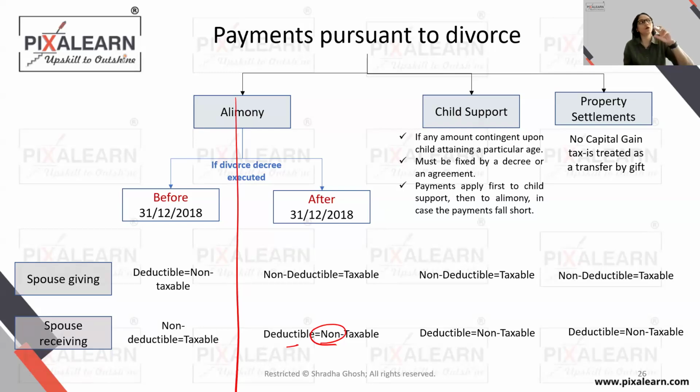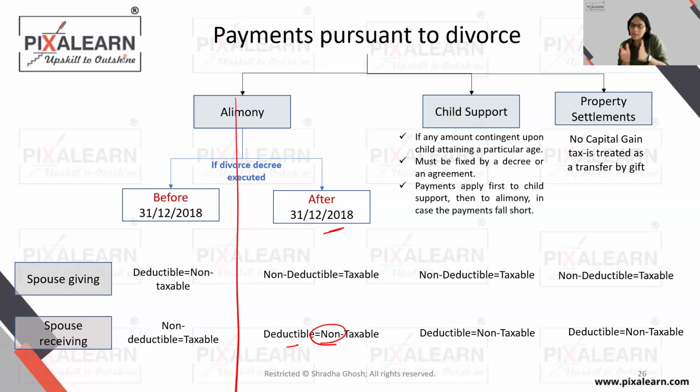So imagine Brad Pitt and Angelina Jolie have separated. I don't know what their contract is, but let's say there was an alimony being paid. If the divorce agreement is signed after 31st December 2018, then the money that Brad Pitt pays to Angelina Jolie, Angelina will not regard it as her income and Brad will not regard it as a deduction.